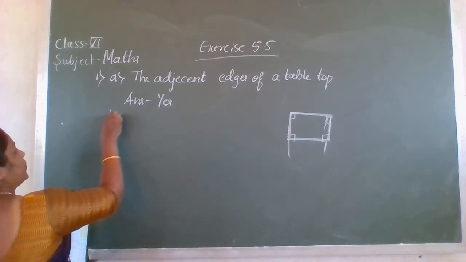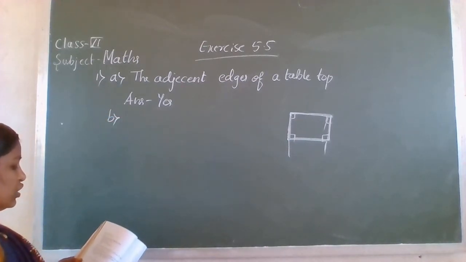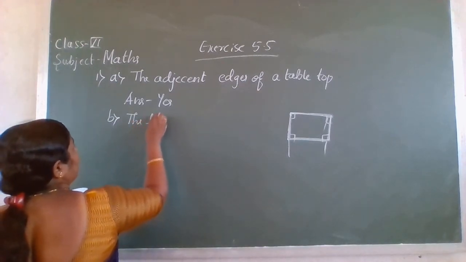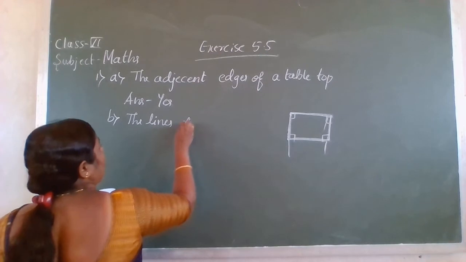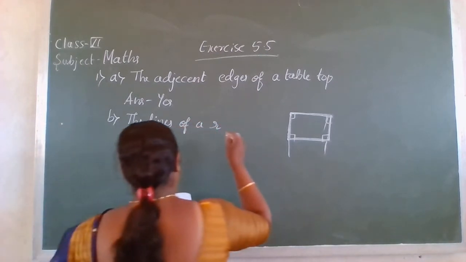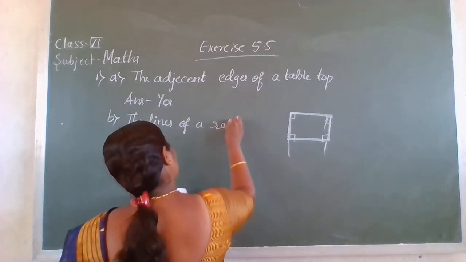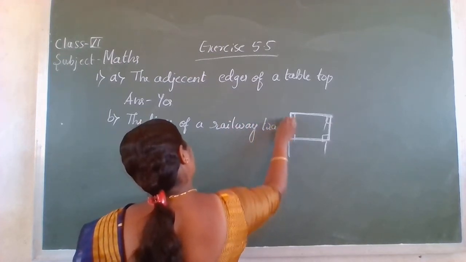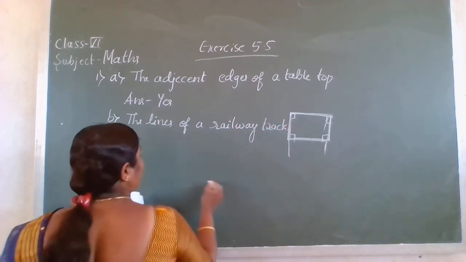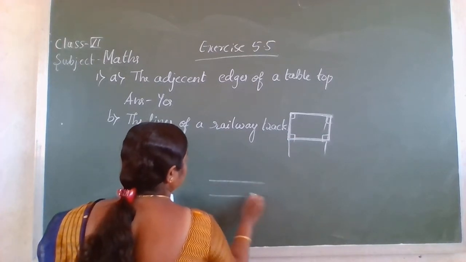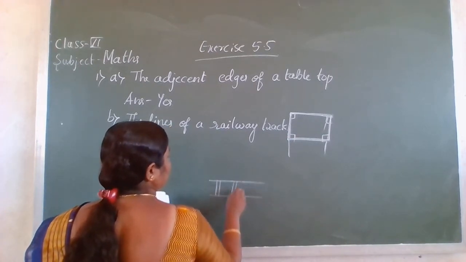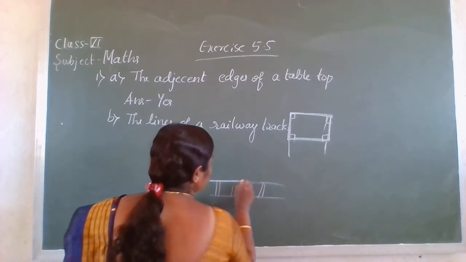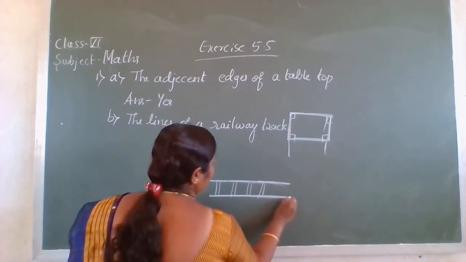B. The lines of a railway track. Have you observed this? This is one track and this is one track.